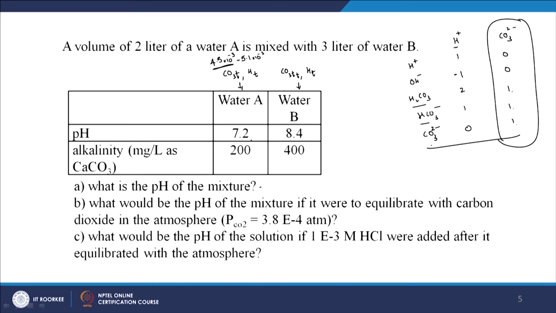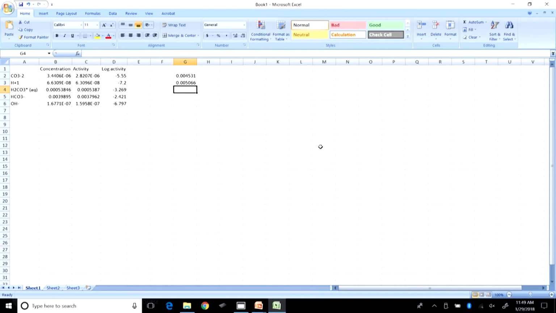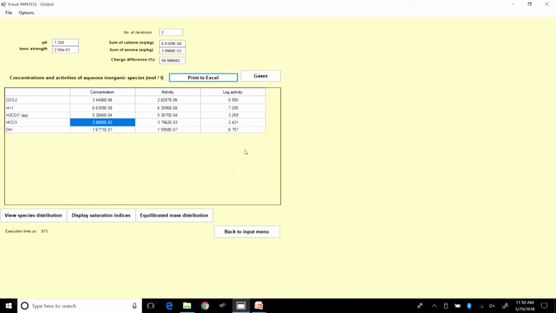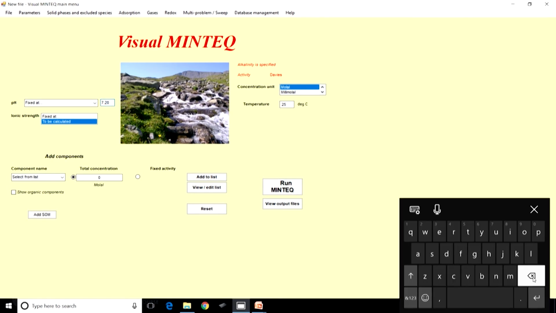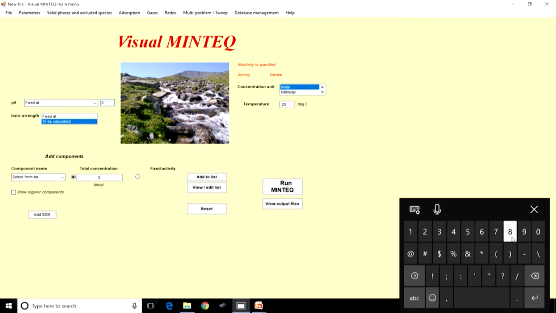Now, we need to repeat the exercise for solution B, and what do we have? 8.4 and 400. So, let us just close this Excel. We will close this Excel and we will move on to VMinTech here, back to input menu, and now I need to change it such that this particular pH is now 8.4, right.